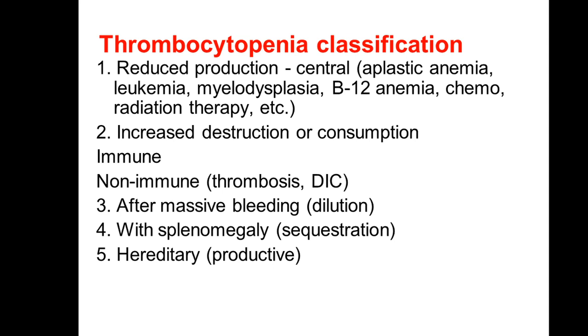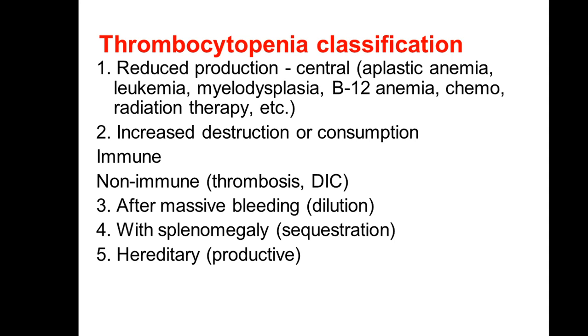Sometimes thrombocytopenia may occur due to increasing destruction or consumption. It may develop due to immune or non-immune mechanism. Immune mechanism is developing autoantibodies, antibodies to platelets, and platelets are destroyed by autoantibodies.